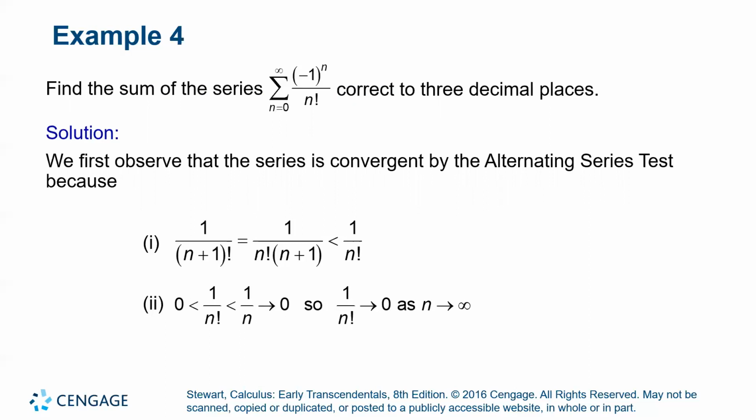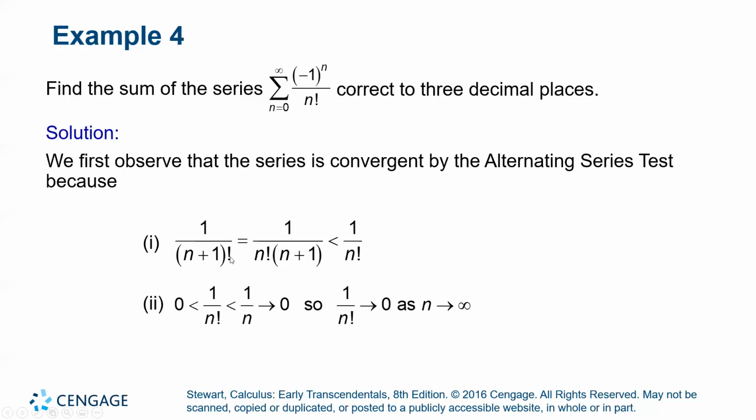Before we do that, we should make sure that there is a sum, or rather that it's convergent. So we need to decide if we can use the alternating series test. The first question is, is the positive version of the terms decreasing? The n plus 1 term would be 1 over n plus 1 factorial.